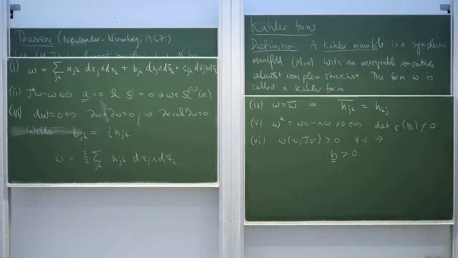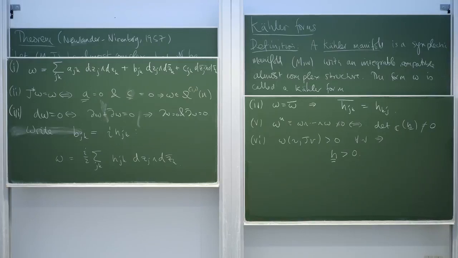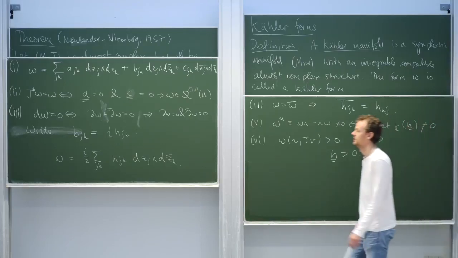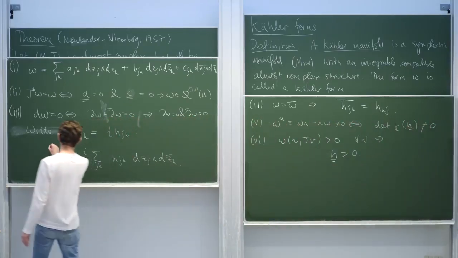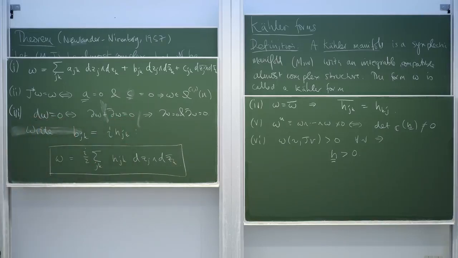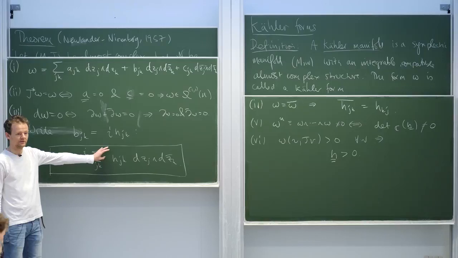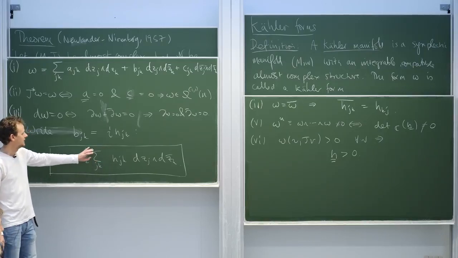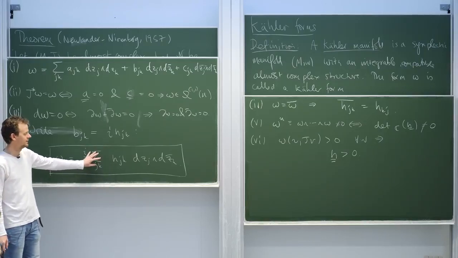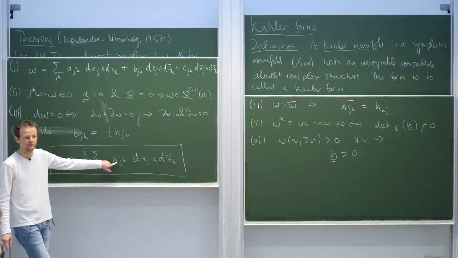So H is actually a positive matrix. So to summarize, for a Kähler manifold, the Kähler form omega in coordinates has the property that this matrix of coefficients here is a positive matrix.